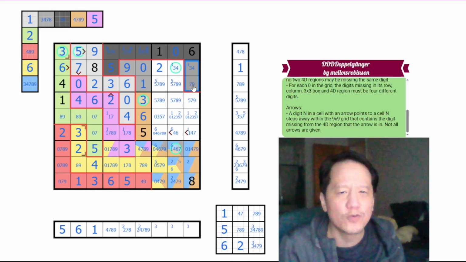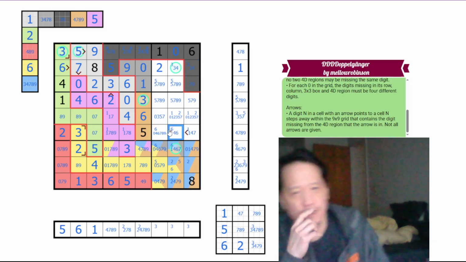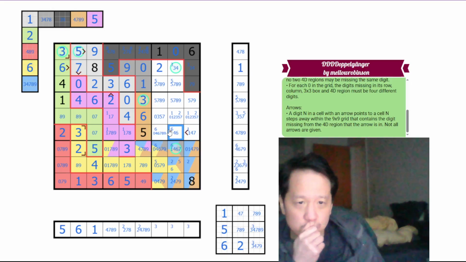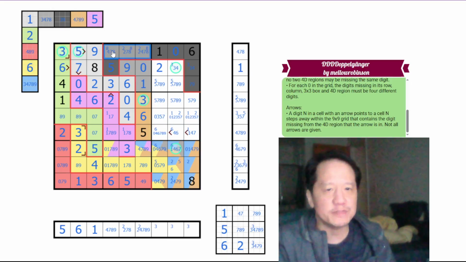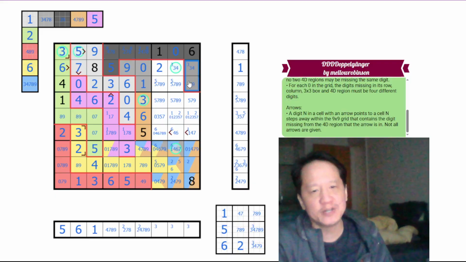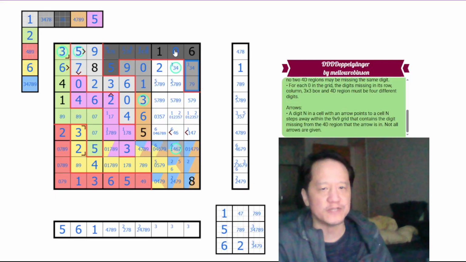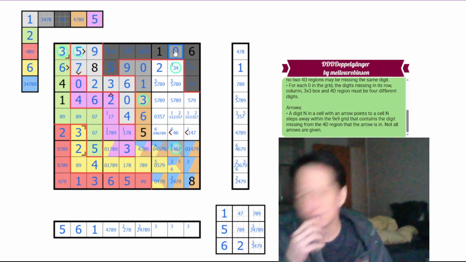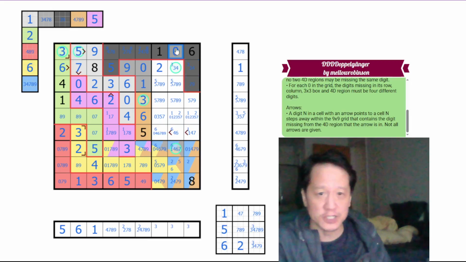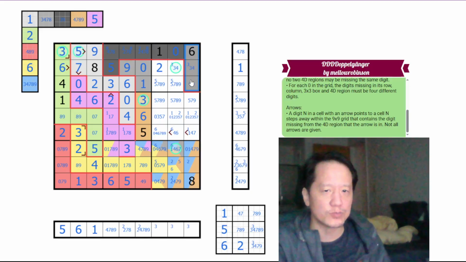So this is 4 or 7 here. That's interesting. Because whichever digit is missing from these three, it must be in this cell here. Because otherwise, if it's not, then this 0 is missing the same digit in the row and in its region.